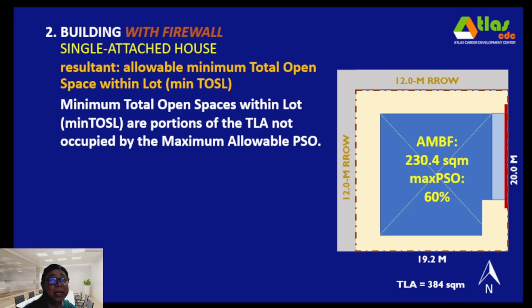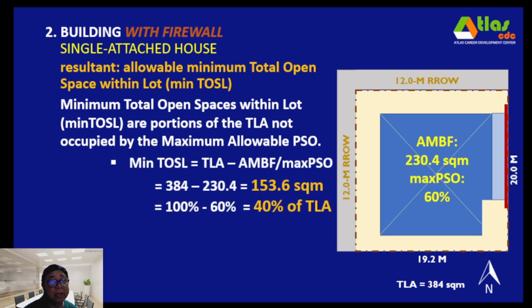The minimum total open space will be the remaining part of the lot if we deduct the maximum PSO. So this is our maximum PSO with firewall, 60%, meaning the remaining part of the lot will be here, minimum TOSL. So we just deduct those values. It will give you now a minimum TOSL of 153.6 square meters or 40% of the total lot area.